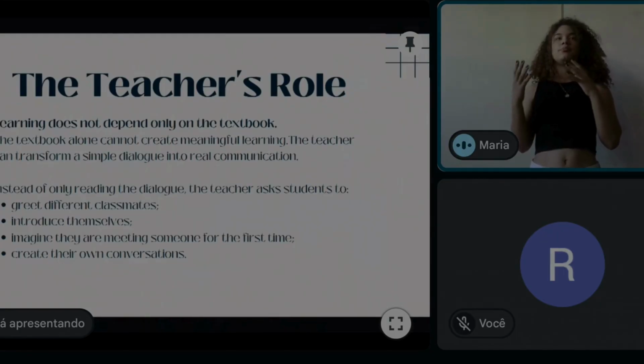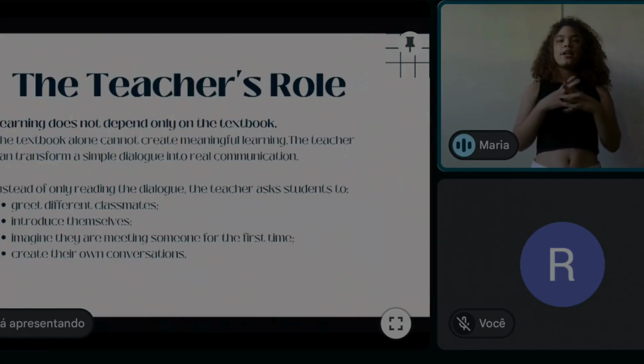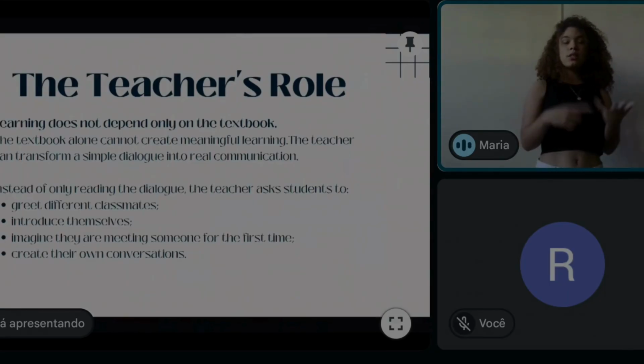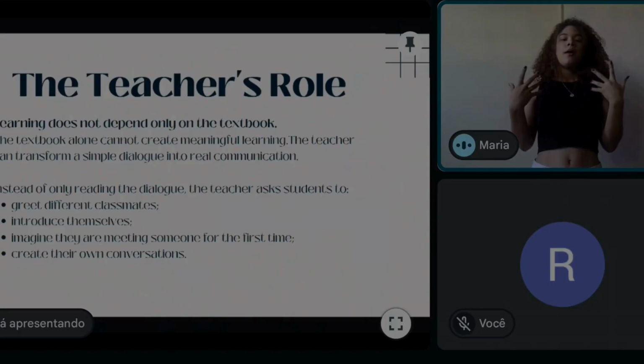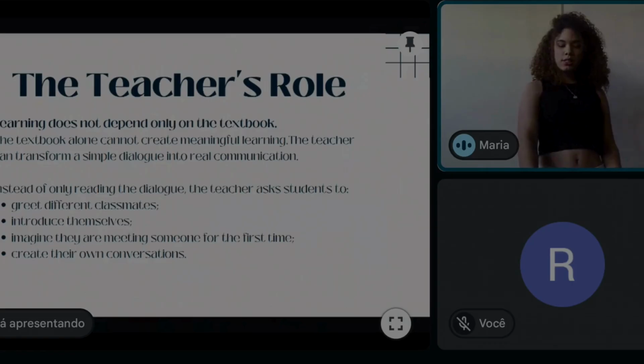The content is greetings and introductions. The teacher can ask them to greet different classmates and introduce themselves. Imagine they are meeting someone for the first time, and create their own conversations.